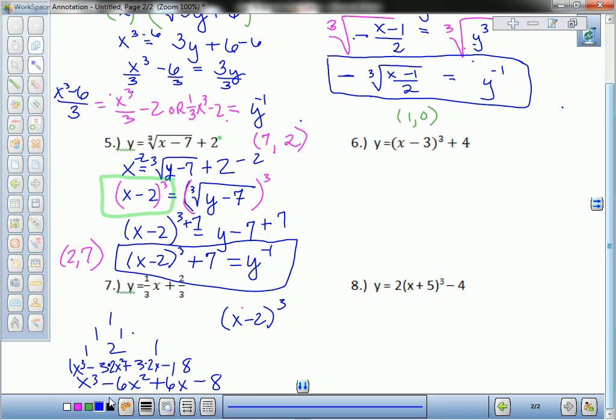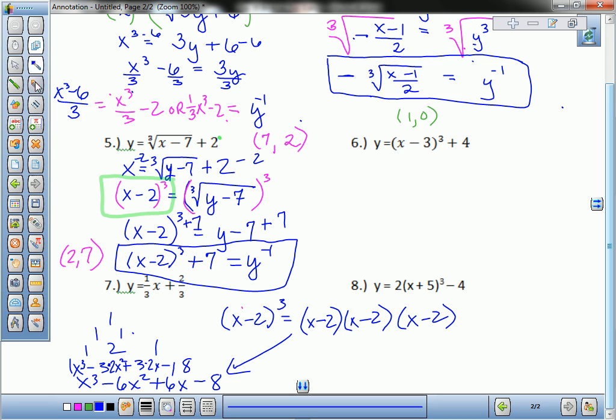Because x minus 2 cubed means x minus 2 times x minus 2 times x minus 2, and that gives you that. That's why.